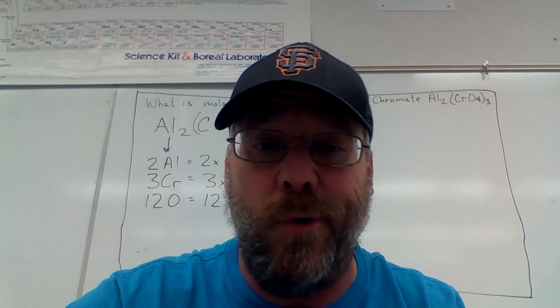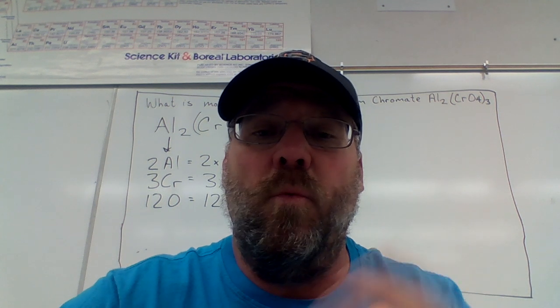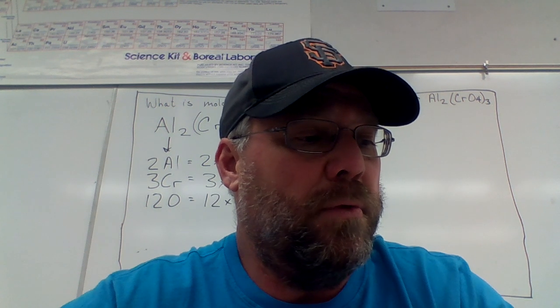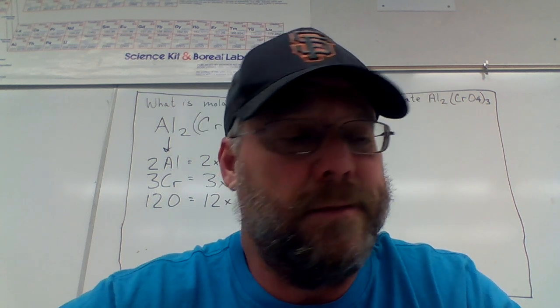If I have 1 mole of As, I've just got 1 mole of As. But if I've got 1 mole of As2O3, there are 2 As in that 1 mole. So there's actually 2 moles of arsenic in that As2O3, and by virtue of the more arsenic in As2O3, it is going to be more toxic.